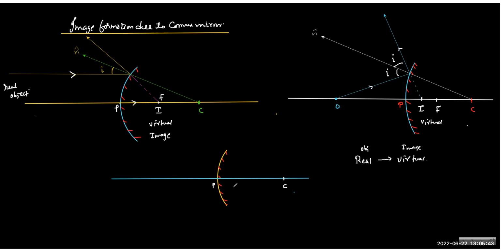And for making a virtual object, what do we need to do? We need to make the incident rays converging, something like this, correct? The rays are coming this way. You can draw more lines, but it really doesn't matter.